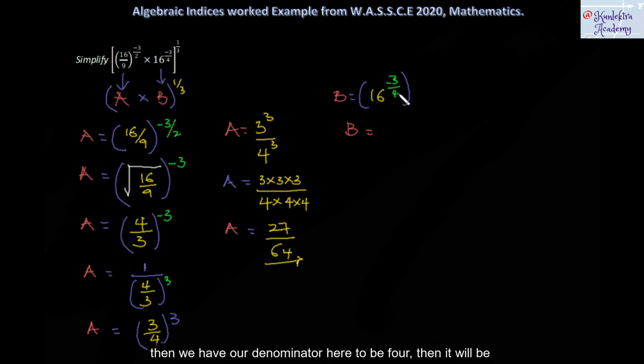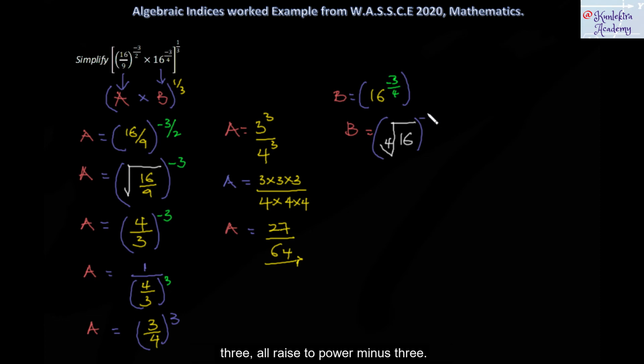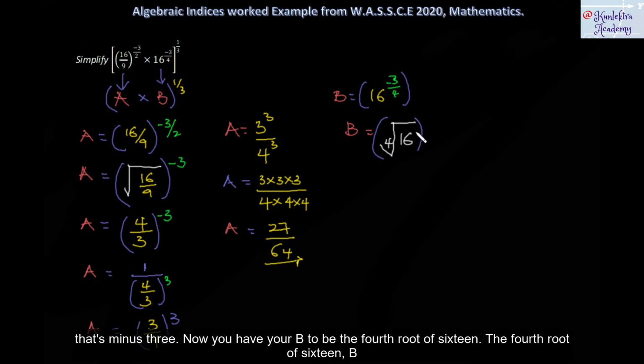Then we have our denominator here to be 4. Then it will be the fourth root of 16, all raised to power minus 3. Now what will be the fourth root of 16?